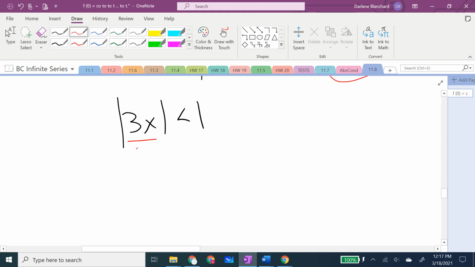So if I divide by 3, I'm not dividing or multiplying by a negative number. And I'm then getting the absolute value of x is less than 1/3. And the center of this polynomial is 0 with a radius of 1/3.